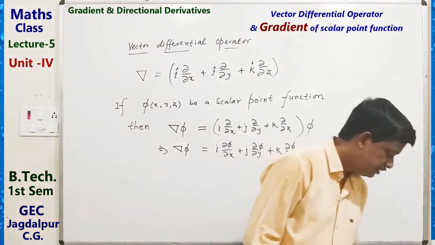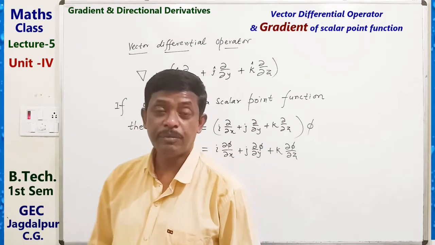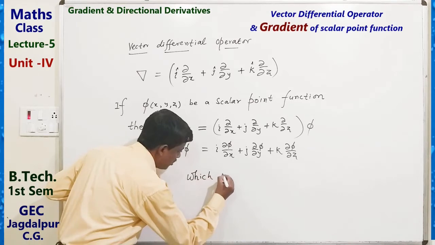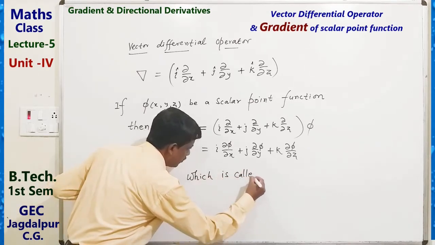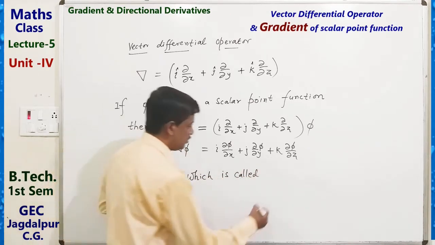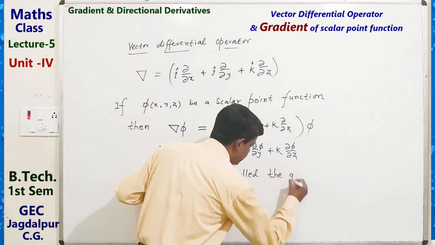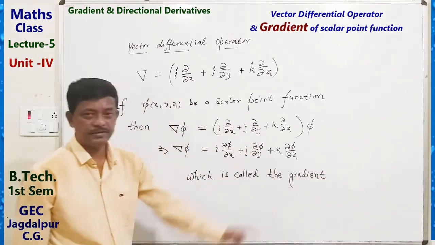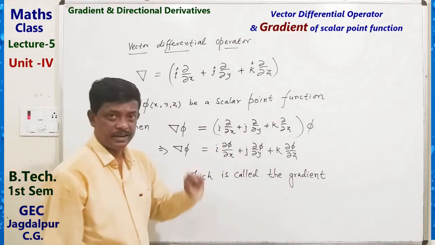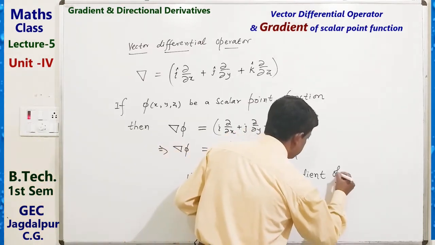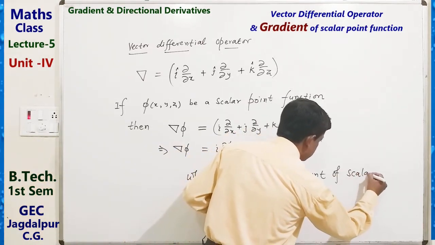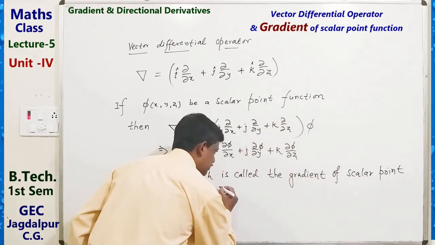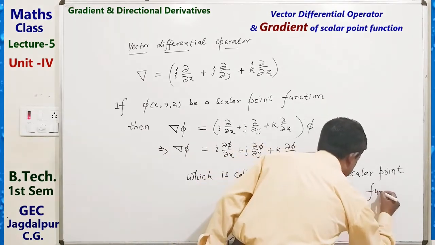So this is called the gradient of a scalar point function.